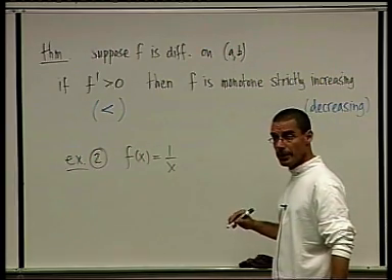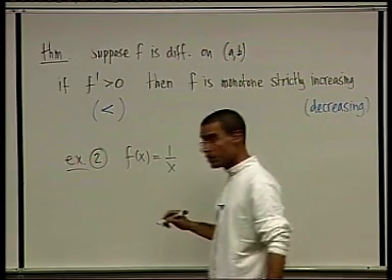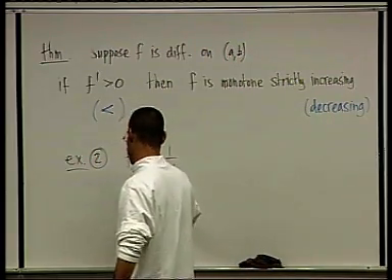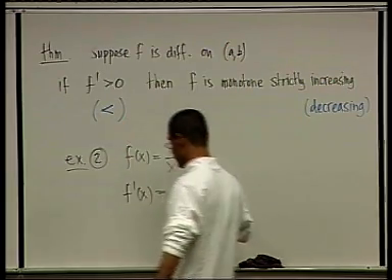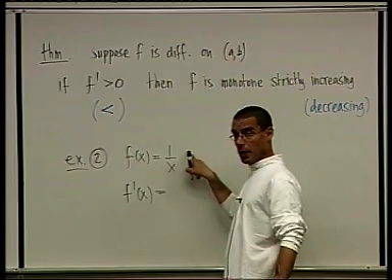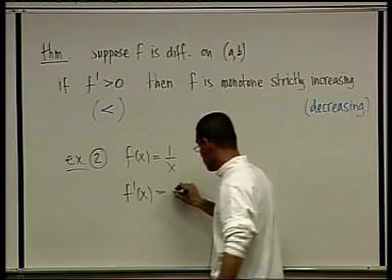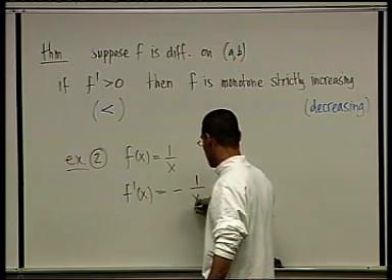What can we say about this? So what is f prime? This is x to the minus 1. So the derivative is minus 1, x to the minus 2. So it's minus 1 over x squared.